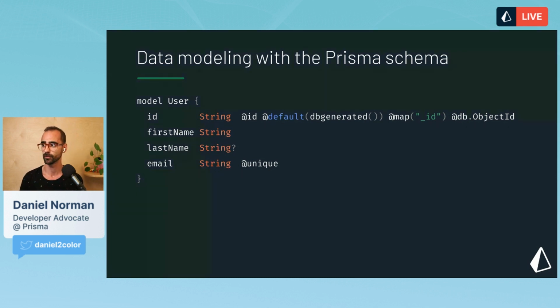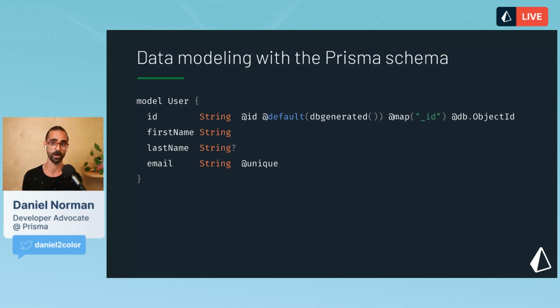We also have @db.ObjectId to denote the type. This allows us to verify that we're actually passing an object ID in Prisma Client. Then we have firstName of type String, lastName, which is an optional string, and finally email, which is of type String and has a unique attribute added to it.